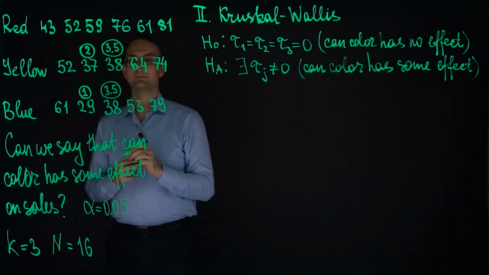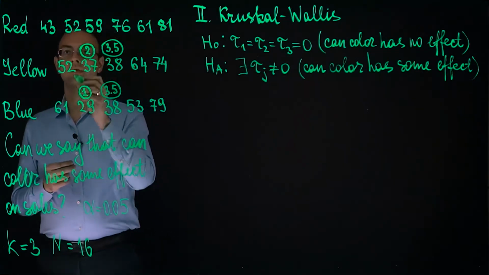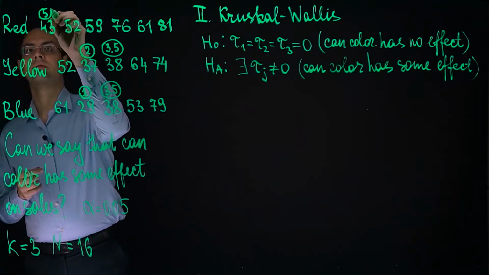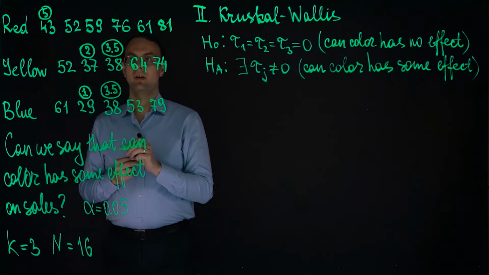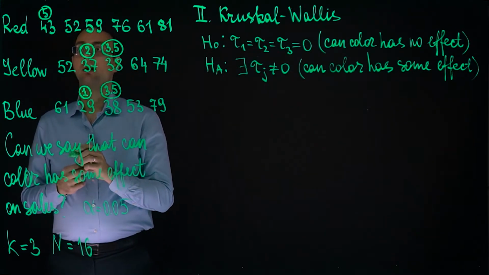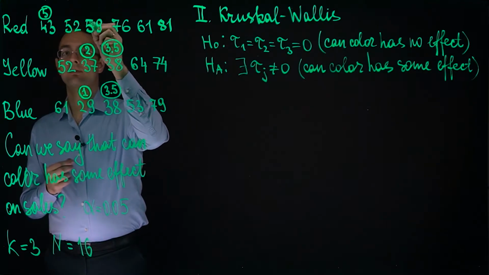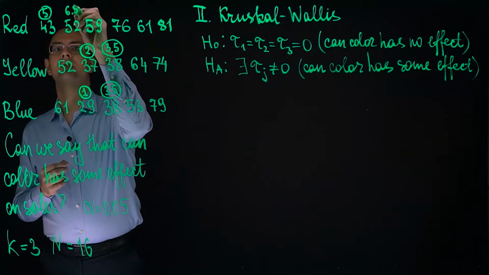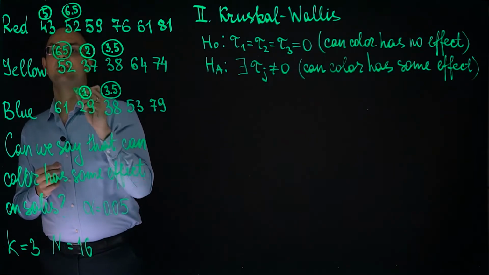Then I have 43, and its rank is 5. Then 52 twice, so their ranks would be 6 and 7 if they were different, and so the actual rank is between 6 and 7, 6.5 here and 6.5 here.